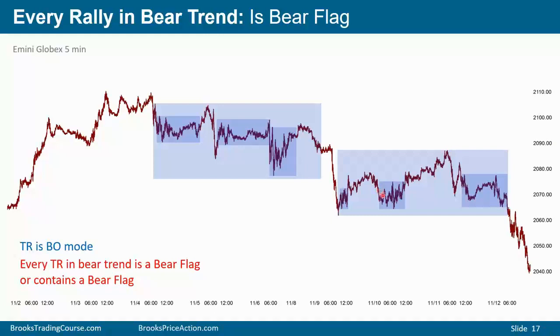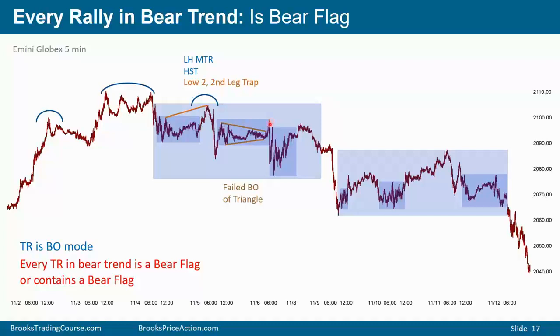In a bear trend, every trading range is a bear flag or it contains a bear flag. Wedge bear flag, a two-legged rally, so a big low two short bear flag, head and shoulders top bear flag, head and shoulders top, low two, two legs up, one pullback two, so a low two bear flag and lower high major trend reversal.